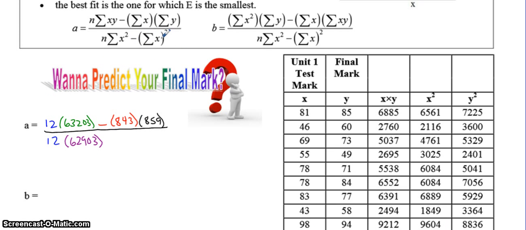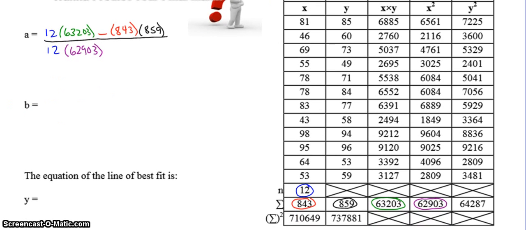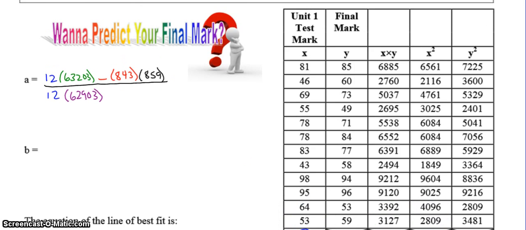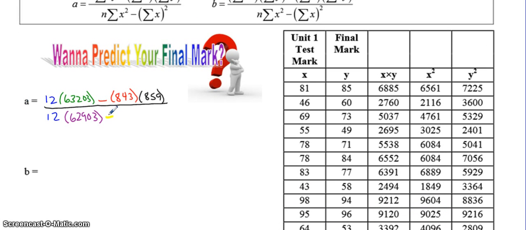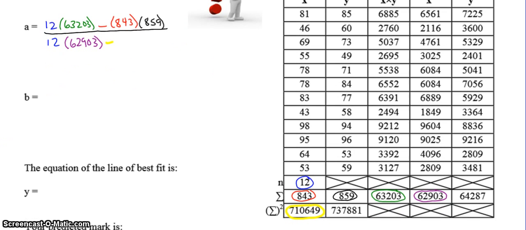Minus the sum of the x's squared. So here's the sum of the x's, and here is the sum of the x's squared. So subtract the sum of the x's squared.